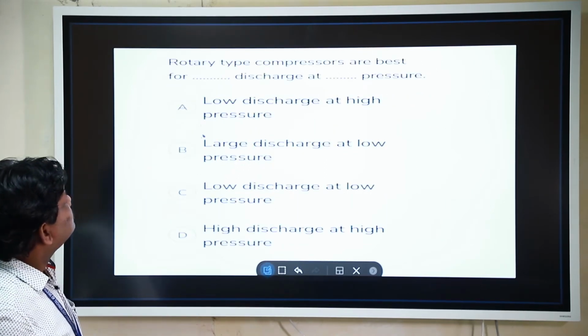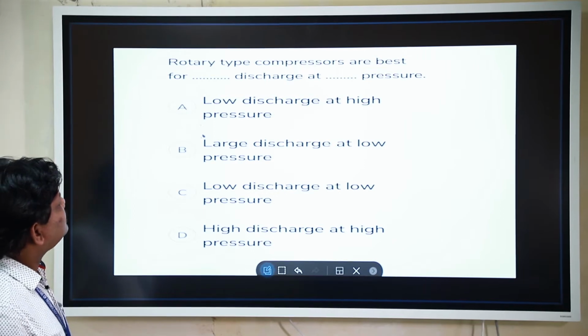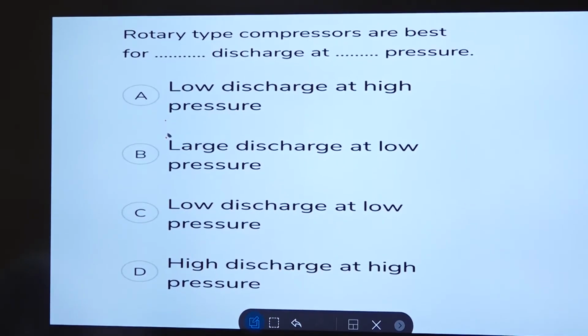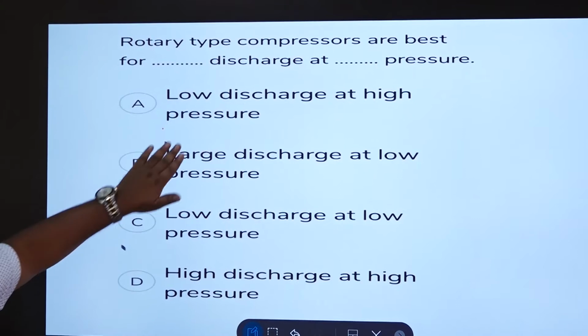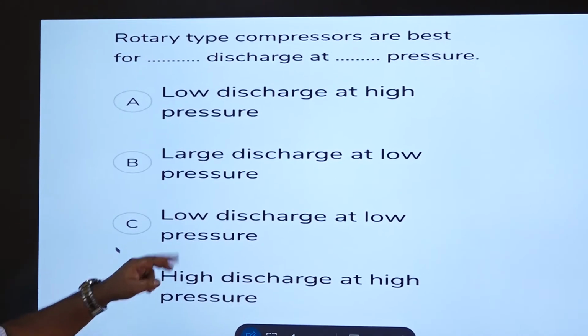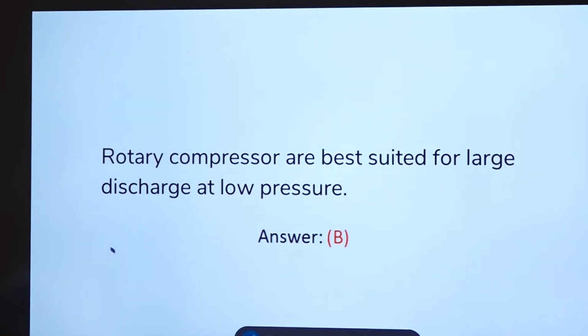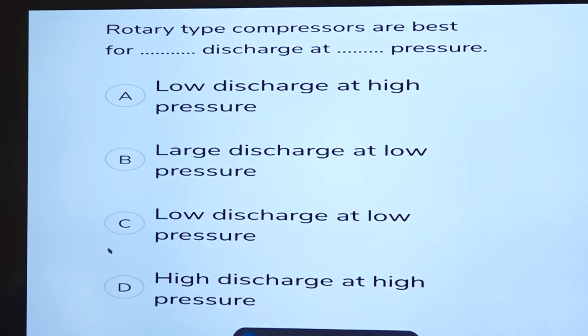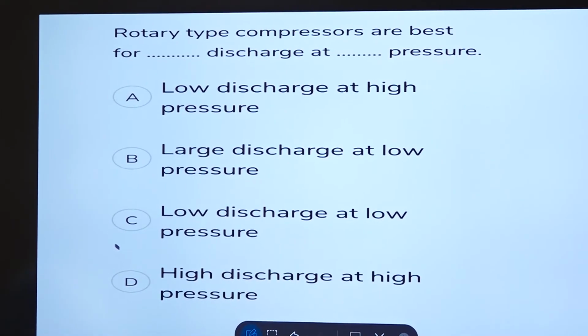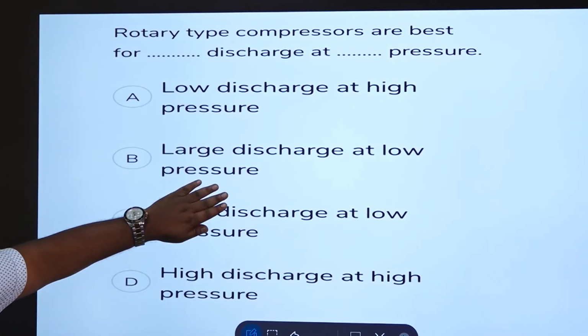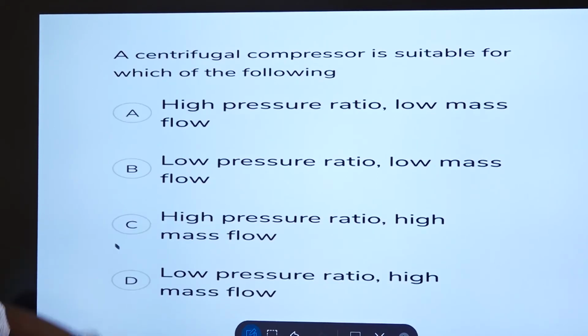And the next one: rotary type compressors are best for what? They are best for low discharge at low pressures, or otherwise low discharge at low pressure. So you have two options that are the same.